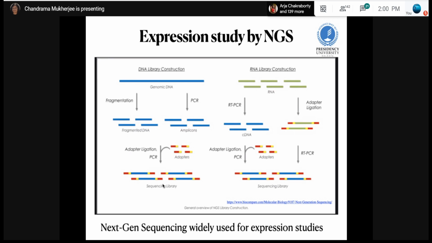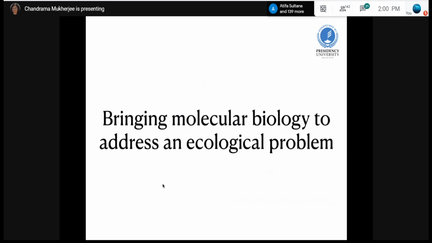With these sequencing libraries, you can sequence all different types of known and unknown organisms. This is now widely used for expression studies, because people are more interested in determining the relationship of a microorganism or marine microorganism with its habitat and how that influences the others present in the system.